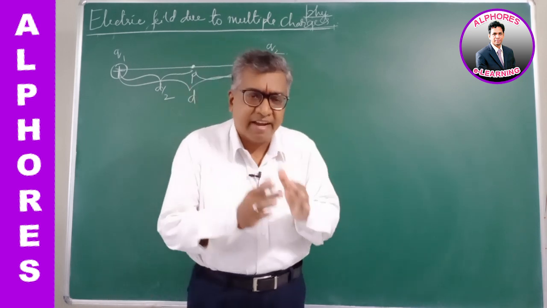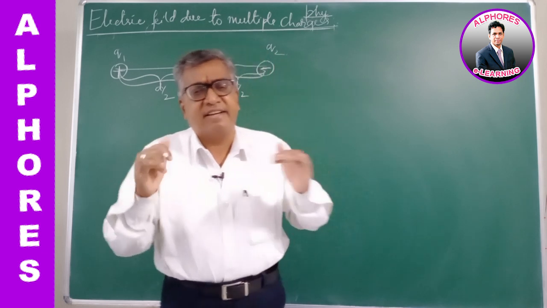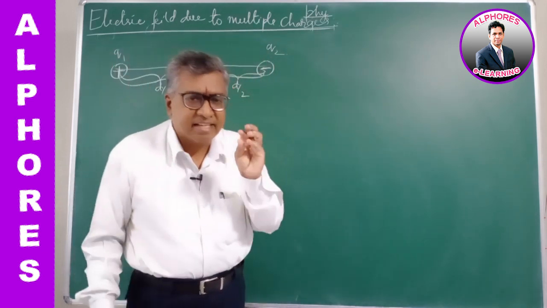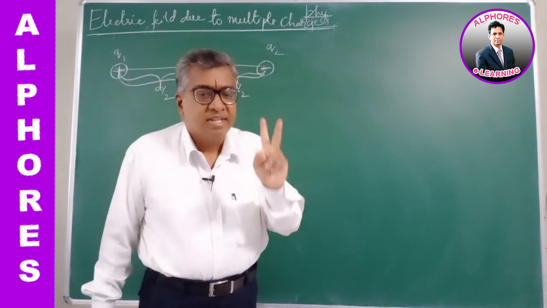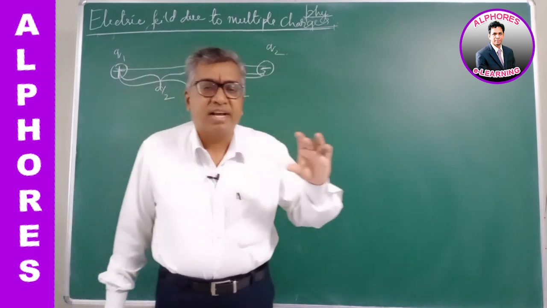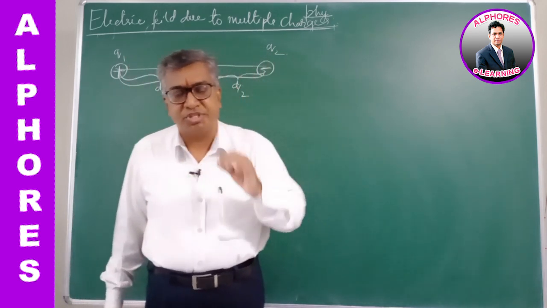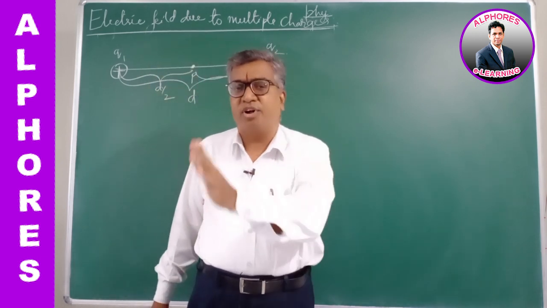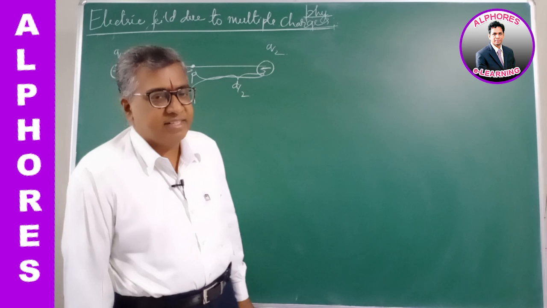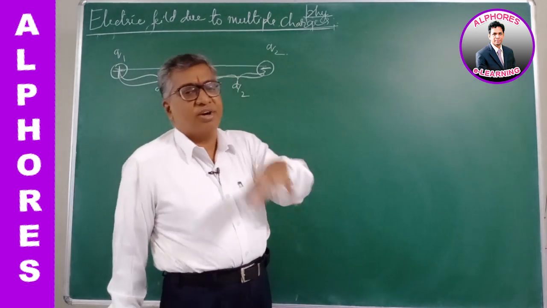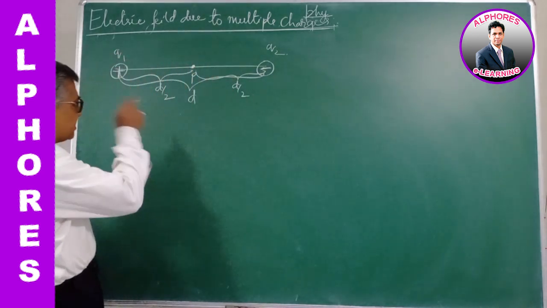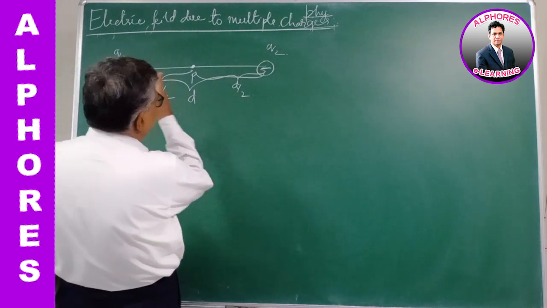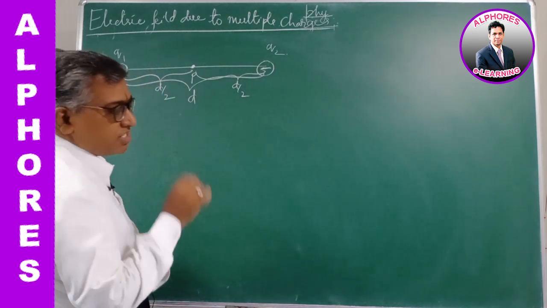Find all the individual electric field intensities separately. Second step, apply the principle of superposition. The resultant electric field strength is the vector sum of all the individual electric field intensities, considering all of them simultaneously. So first, let me find the electric field due to each charge individually.